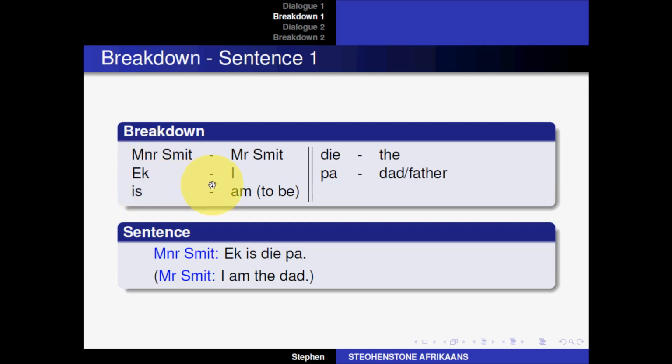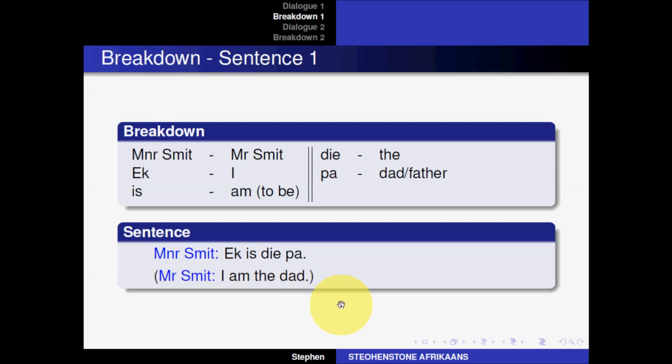Ek means I. Is means am, or the verb to be. Die means the. Pa means dad or father. So here's the sentence. Meneer Smit, ek is die pa. And that means, Mr. Smit, I am the dad.